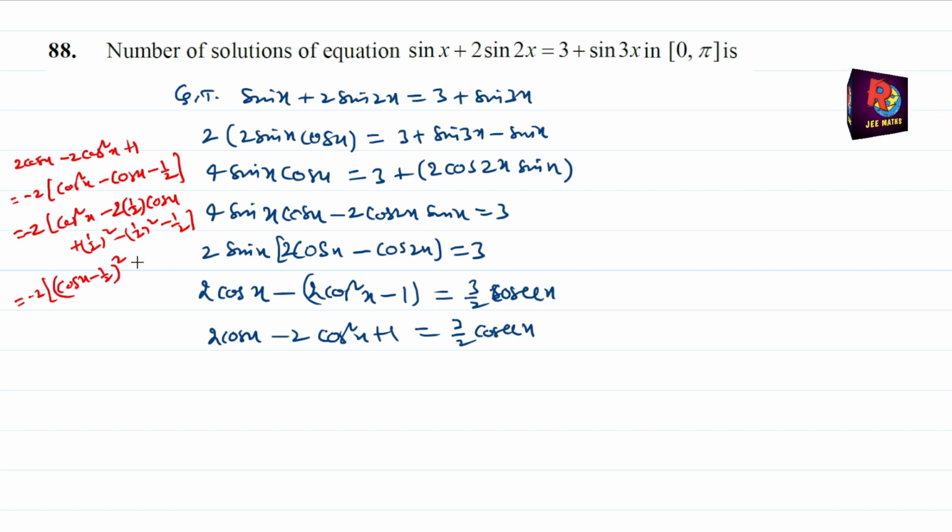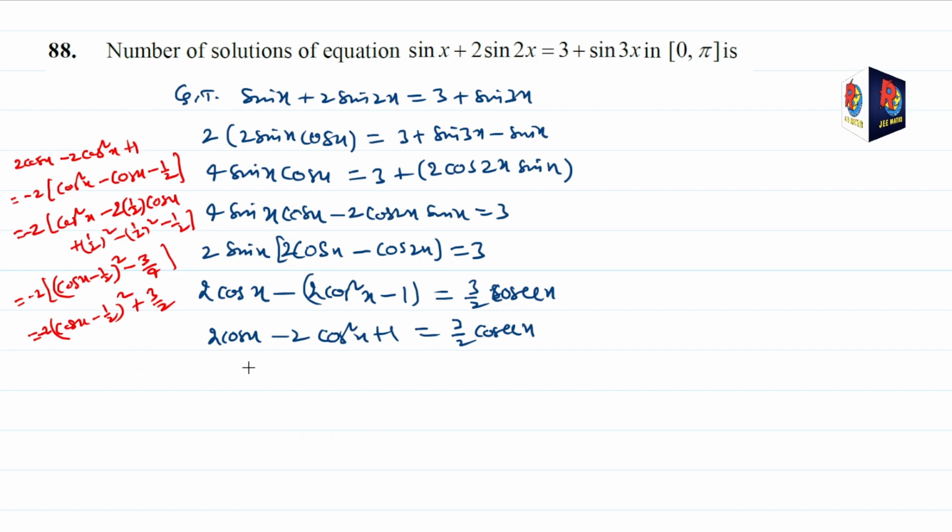It will be minus, already 1 by 4 is there, and here 1 by 2 is there. If you take the LCM, it will be minus 3 by 4. So multiplying minus 2 inside, it will be (cos x minus 1 by 2) whole square, and minus 2 times minus 3 by 4 will be plus 3 by 2.